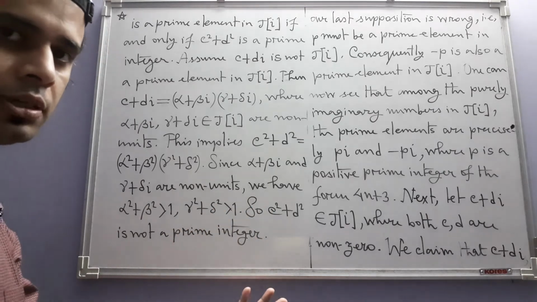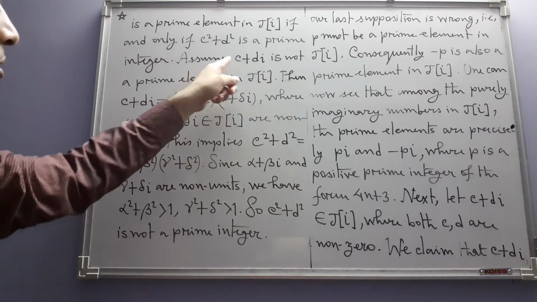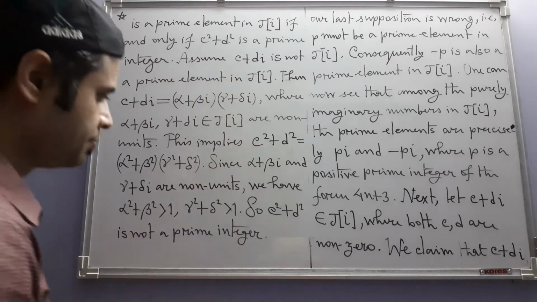What is the contrapositive of this? If C square plus D square is a prime integer, then C plus di is a prime element.